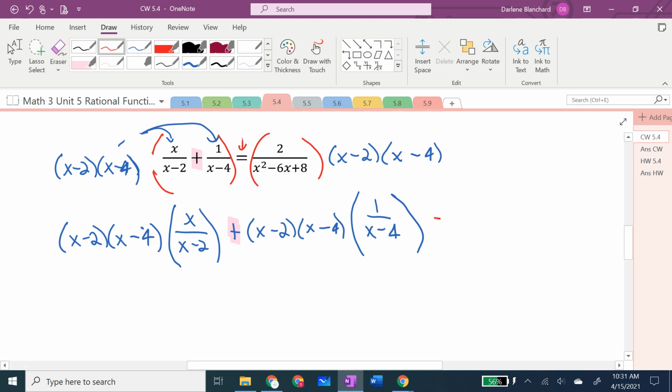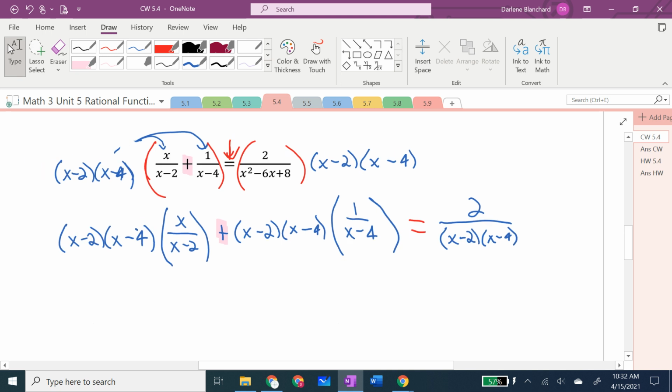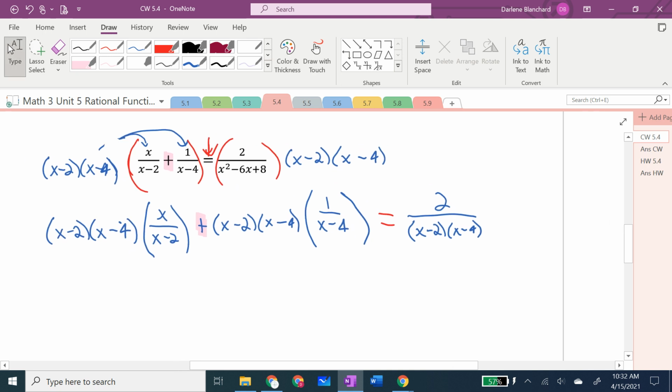Now I move on to my equal sign. On the right side, I have my one fraction, and we did look at the fact that that factored to x minus 2 times x minus 4. So I can write it in its factored form. I don't have to, but I'll be able to see better the cancellation that's about to happen.